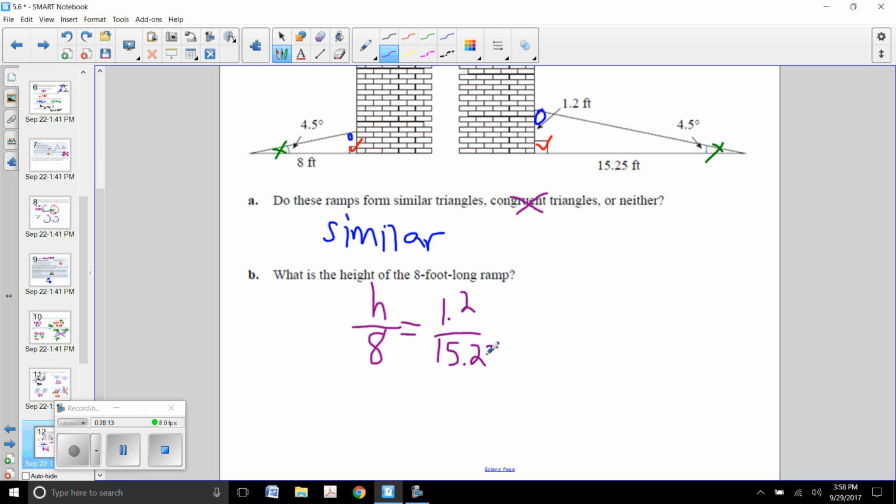And that gives us a proportion that we know how to solve. So the 15.25 gets multiplied to our unknown height, and the 8 gets multiplied by the 1.2.